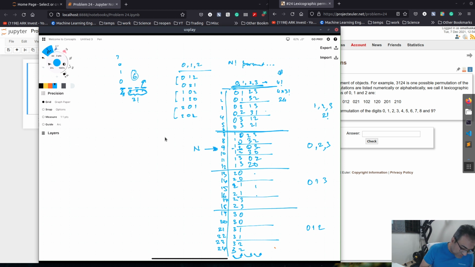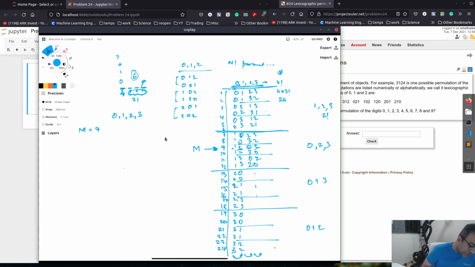So let's figure out, if we are given, oh, we should call this something else, let's call this m. We are given m equals 9, and we need to figure out what this combination is at this point. We have 0 1 2 and 3.